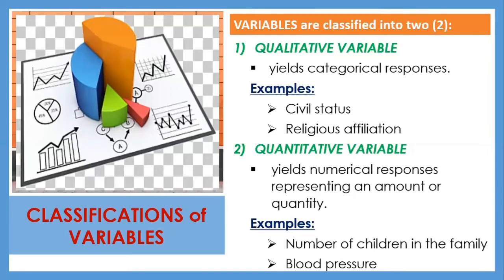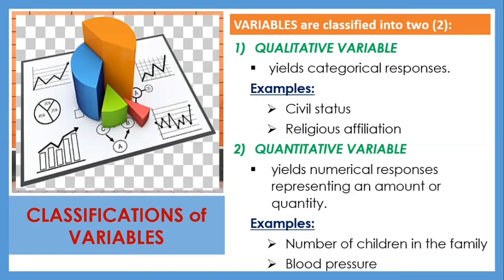So what are the two classifications of variables? Under variables, we have two classifications. We have qualitative variables, and we also have quantitative variables. If we say qualitative variable, this yields categorical responses. Examples, civil status, okay?